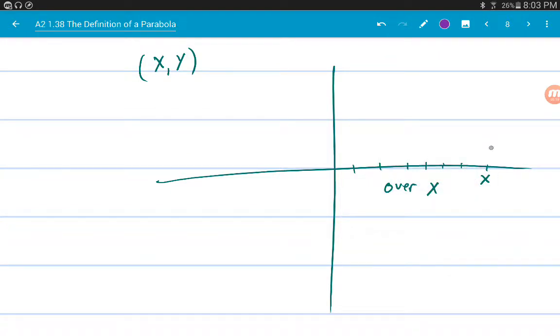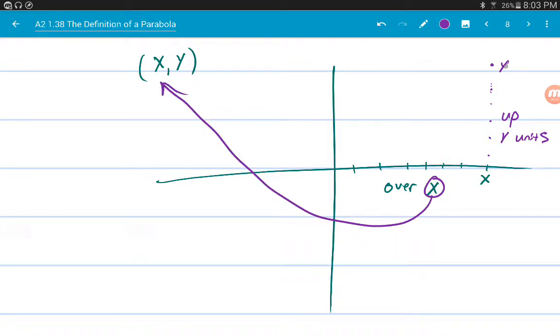Now how many do I go up? I go up like 1, 2, 3, 4, 5, 6, 7, 8, whatever. I go up to y. So this is up y units. Because remember, we went over x and we went up y.